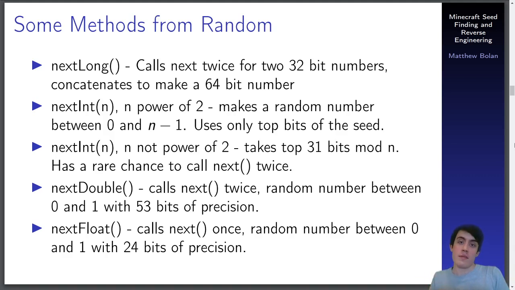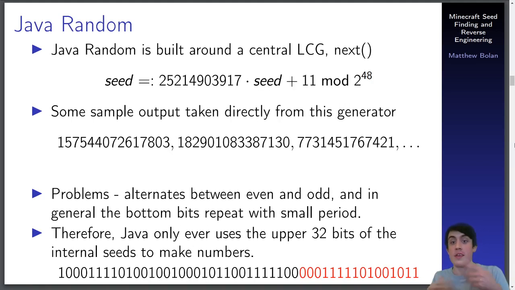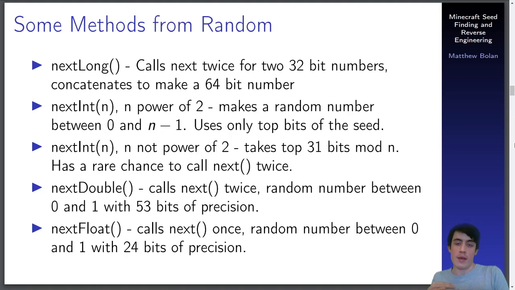Next long does it by just calling this twice to use 2 seeds. And so the upper 32 bits are one random number, the lower 32 bits are another random number. And this method gets called a lot by Minecraft to seed your world initially. If you don't fill in a seed for yourself, Minecraft just calls next long for you.